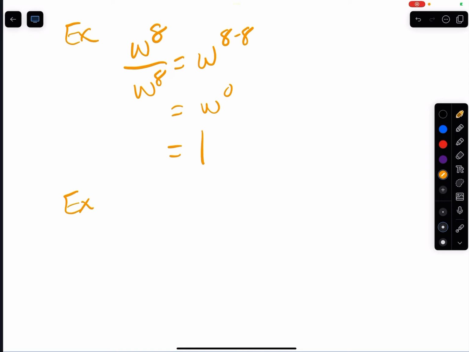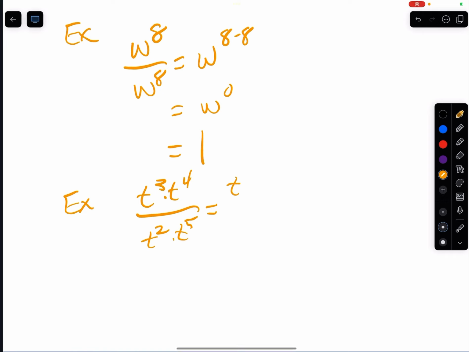Let's say that we have t to the 3rd power, t to the 4th power, divided by t to the 2 power times t to the 5 power. Well, we can use the product rule of exponents to say that we can add these.